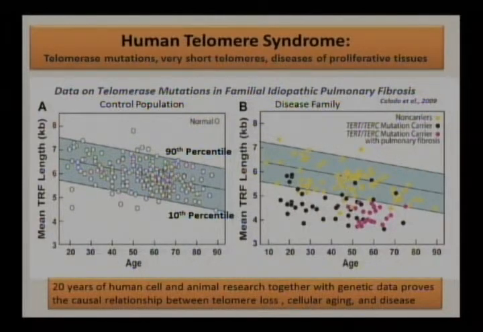It's just more data that highlights what's now known as telomeropathies, or telomere disease or telomere syndrome, where individuals who are born with some of these mutations in telomerase are born with shorter telomeres even at birth, and have a significantly higher rate of things like pulmonary fibrosis, bone marrow failure, liver cirrhosis, and skin disorders.